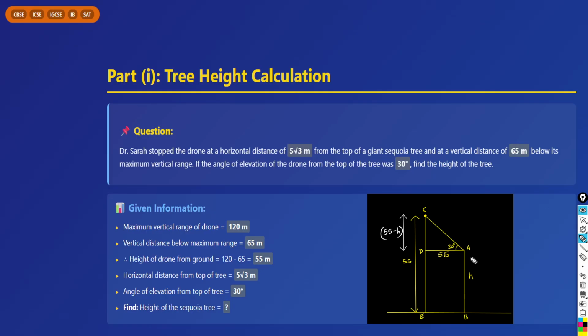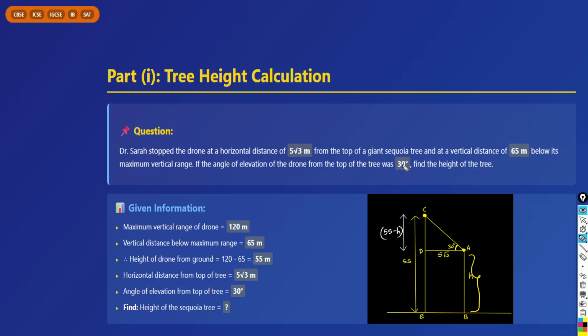I will take AB to be that tree, and horizontal distance C is the point of the ground. From the top of the tree, what would be the angle of elevation of the drone? That is 30 degrees. They have mentioned it, right?